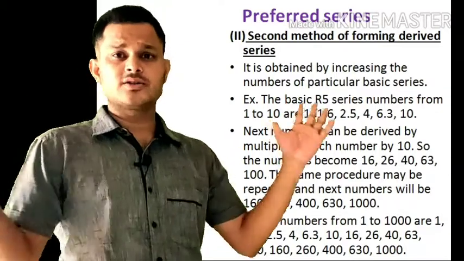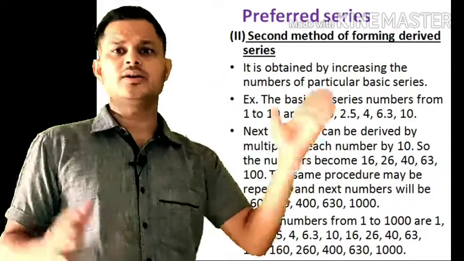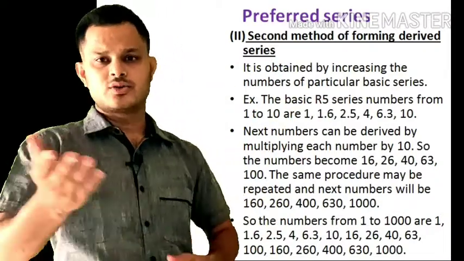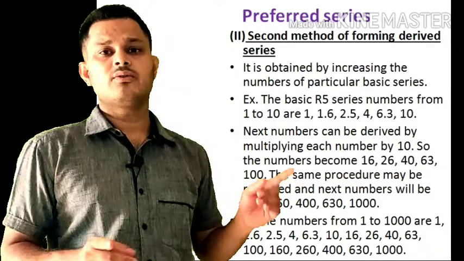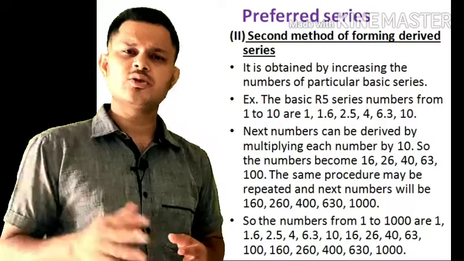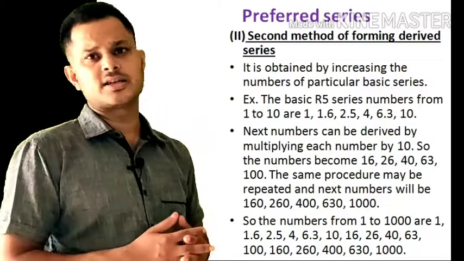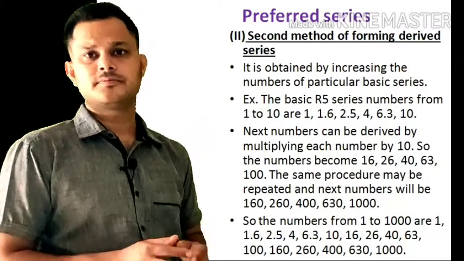So if we combine the complete set, you will have from 1 to 1000. The numbers from 1 to 1000 can be 1, 1.6, 2.5, 4, 6.3 and so on. That is the second method of having the preferred series.